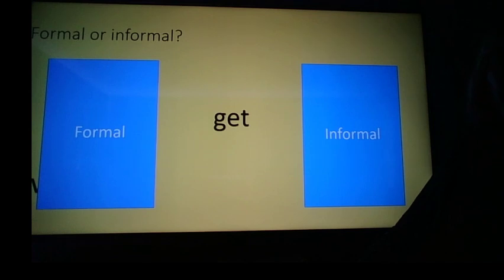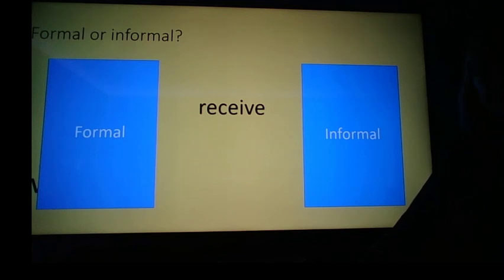So get. That's a little bit easier. So yes, well done, Ezra. You said check was informal, and it is. Get is also informal. So what word would you use instead of get when you want to write a formal piece of writing? Well, you can use the word receive.